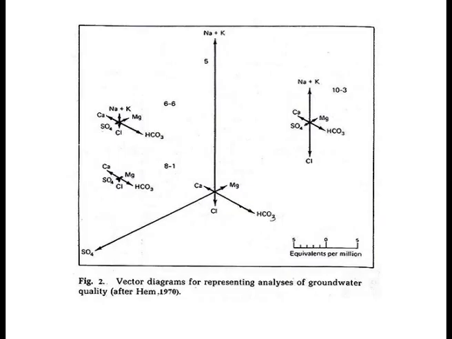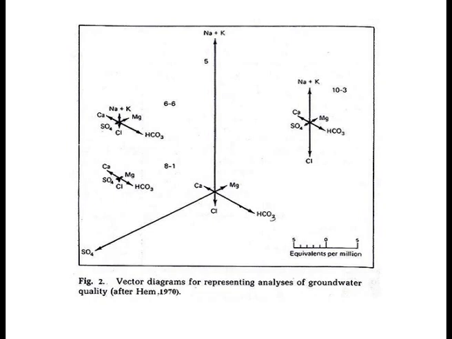Next diagram is the vector diagram. Here you see the diagram given there. Sodium chloride is plotted, magnesium sulphate is plotted and calcium bicarbonate is plotted. The concentrations we measure, we propose a scale according to their concentration in EPM.